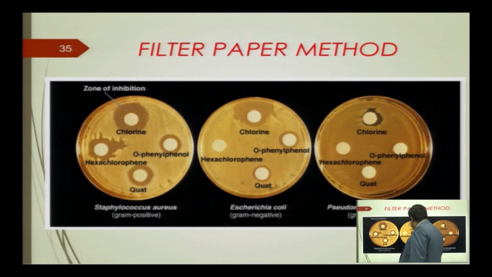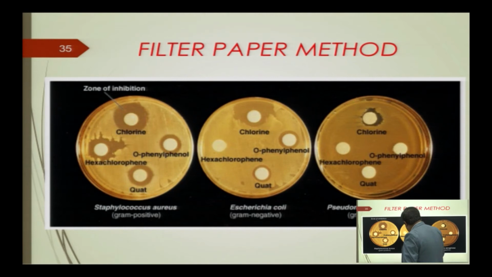Now, if we look at the second one, you will find that in the case of hexachlorophene, there is no zone of inhibition produced around the disc. No zone of inhibition around the disc means that this filter paper disc was soaked in a disinfectant which was not active against that corresponding microorganism. In the first one, the organism taken was Staphylococcus aureus, an example of gram positive bacteria.